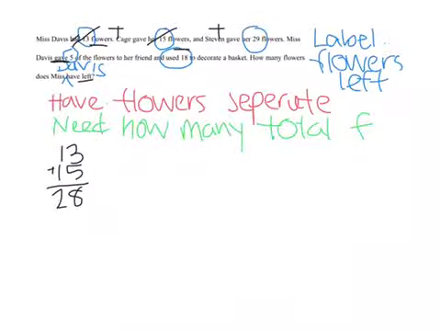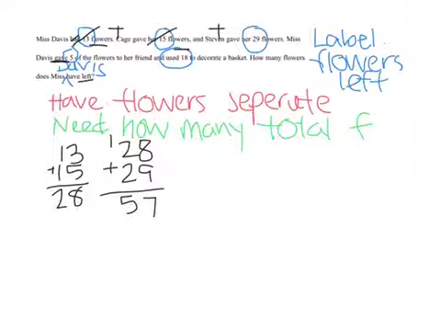Stephen gave her 29 flowers. So 28 plus 29. Nine plus 8 is 17. 2 plus 2 is 4, plus 1 more is 5. Okay? So we have answered part of the need, 57 flowers. All right? So let's cross off 29 because we added that one.